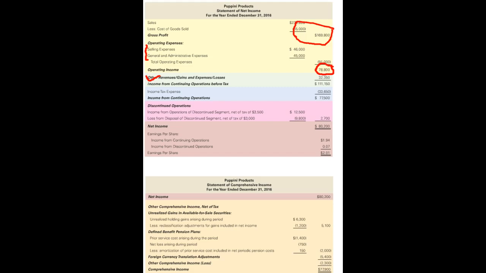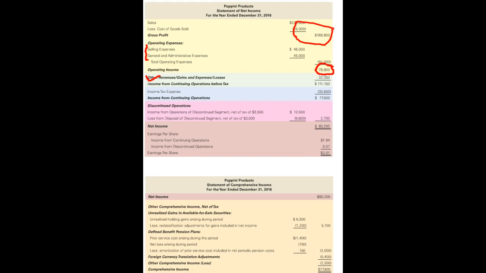So it's things that happen in our business, but it's not the main reason we're in business. We're not going to be selling off the furniture in the corporate headquarters so that we can make profit on it. We're selling our inventory to make profit. So therefore, everything in yellow is our main reason for being, and the green stuff is peripheral.